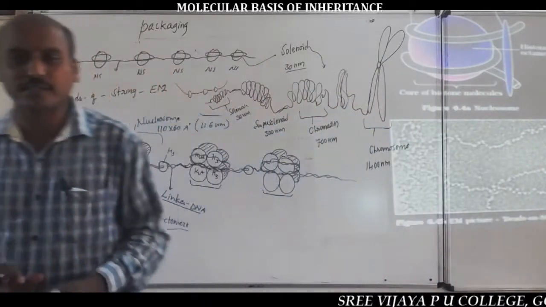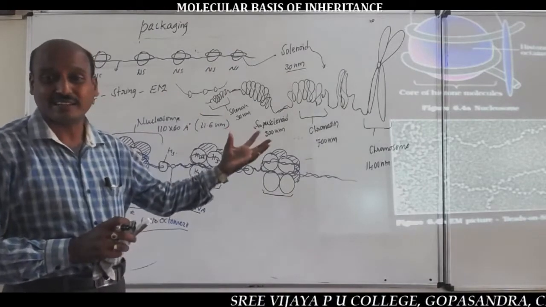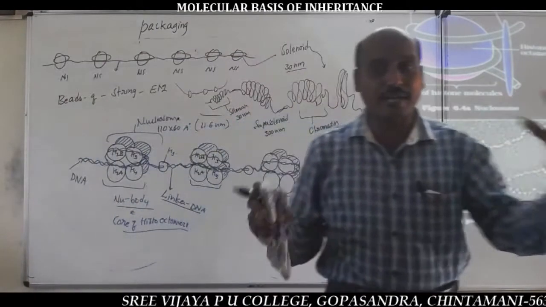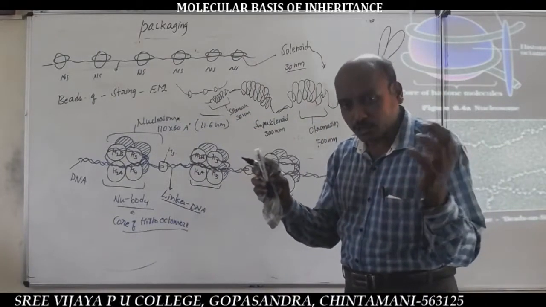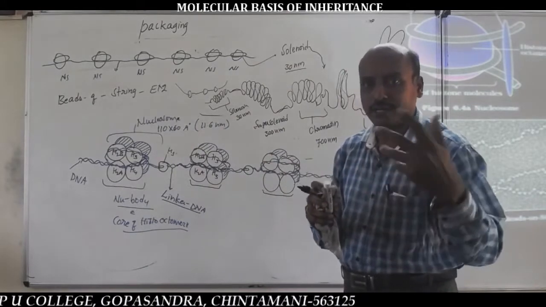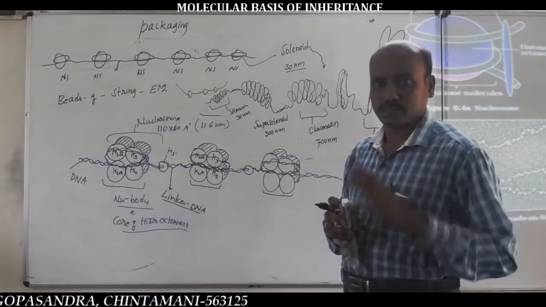So you should remember this statement very clearly. The beads on a string of the nucleosome chain under the electron microscope condense to form a solenoid with a diameter of 30 nanometers.